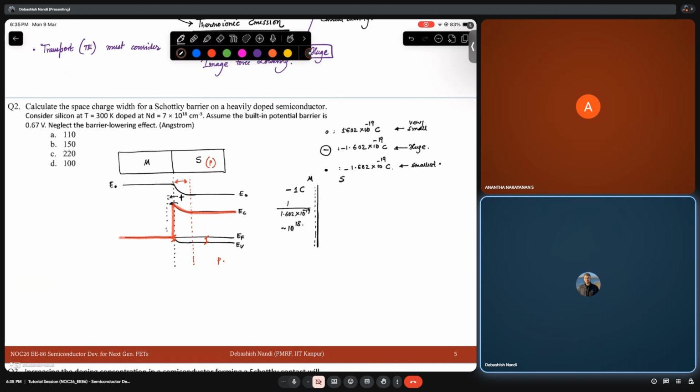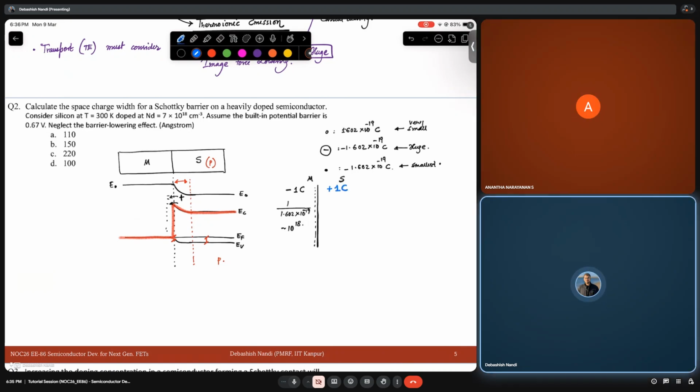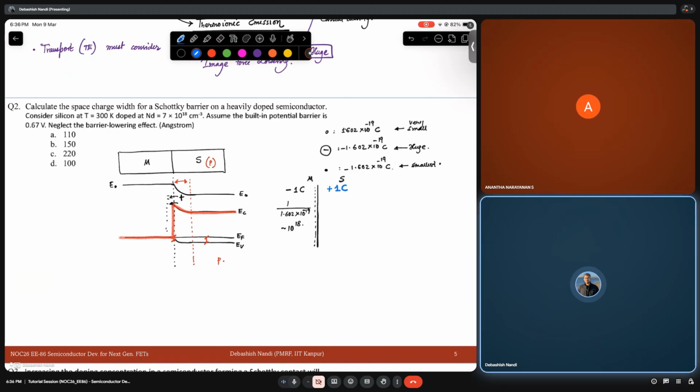So what should I balance it with? It will be balanced with 1 coulomb of positive charges, right? Yes, sir. So now 1 coulomb of positive charges. How can I get that? The same number of holes we have to put, right? Yes, sir. So holes will also be very small. Yes, sir.